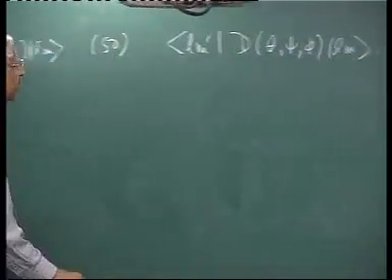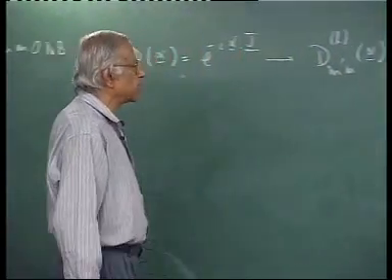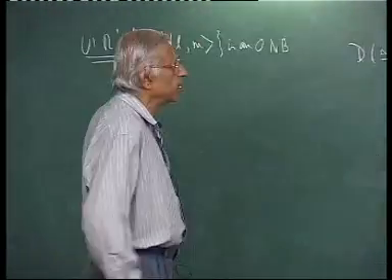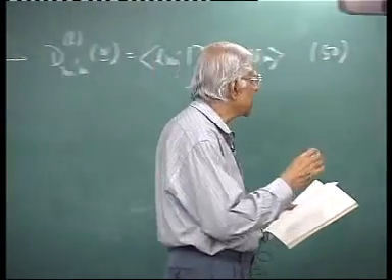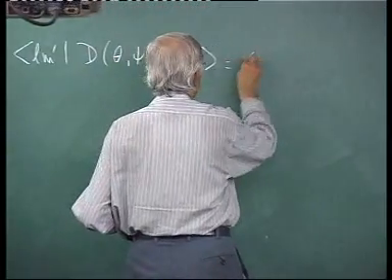In the Euler angle description, each finite element of the rotation group is written as a product of three exponentials, and each exponential is somewhat simple.